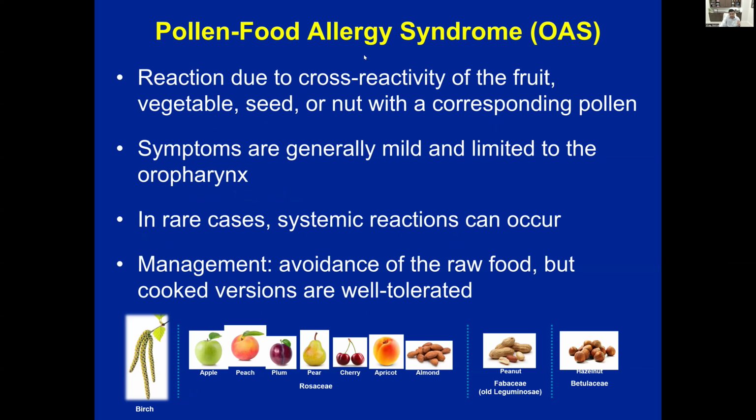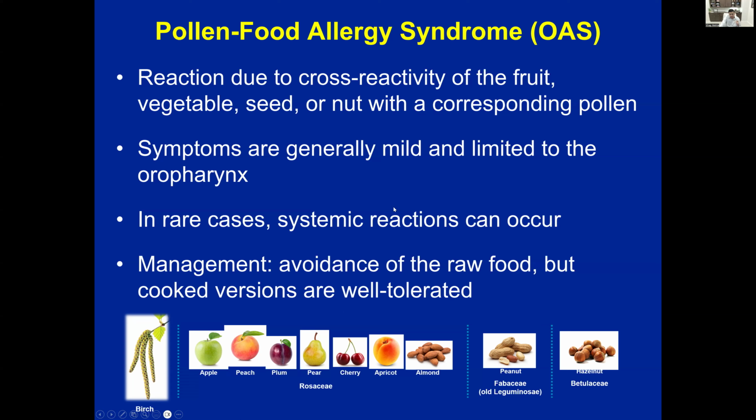And we call these class 2 antigens oral allergy syndrome, also known as pollen food allergy syndrome. Again, it's a reaction due to cross-reactivity of the fruit or vegetable or seed, or nut sometimes, like in the case of peanut, for example. Peanut also cross-reacts with birch pollen as well as certain grasses. Hazelnut also cross-reacts with birch pollen.